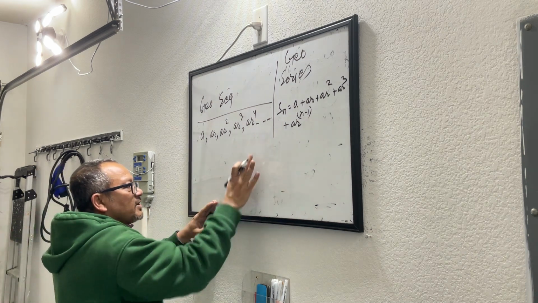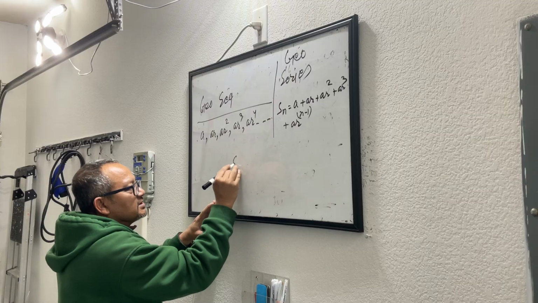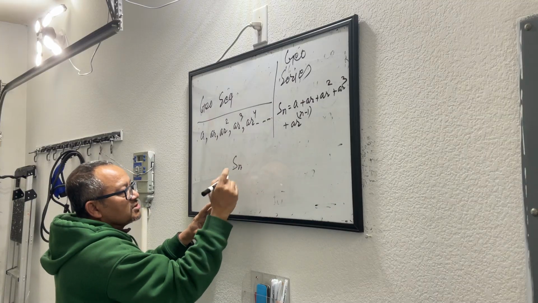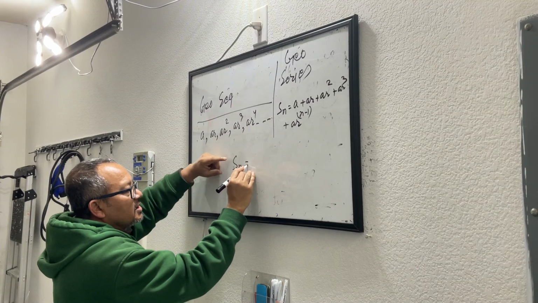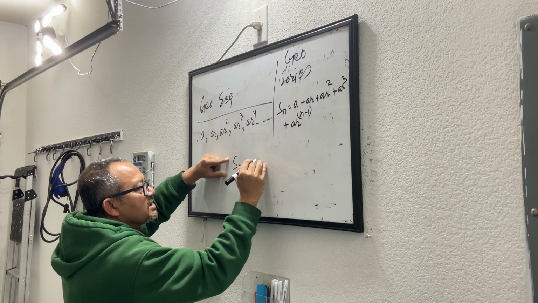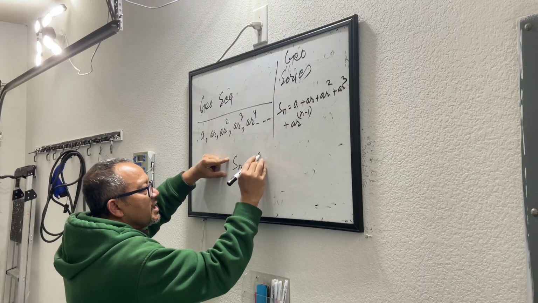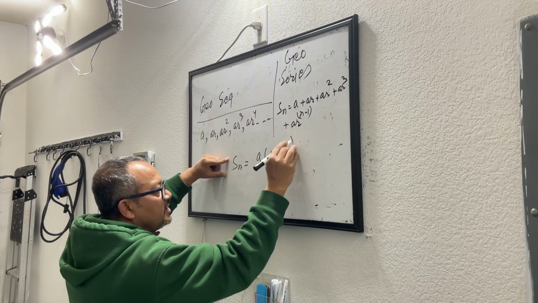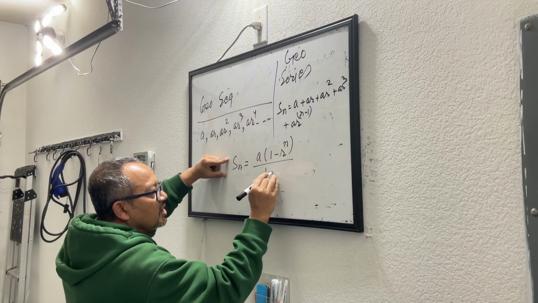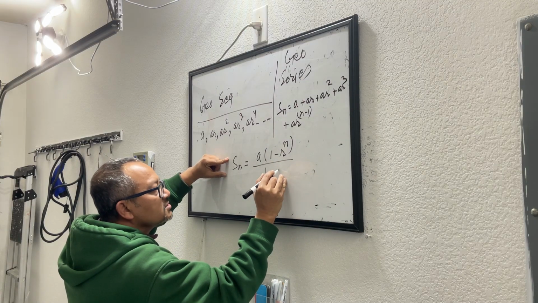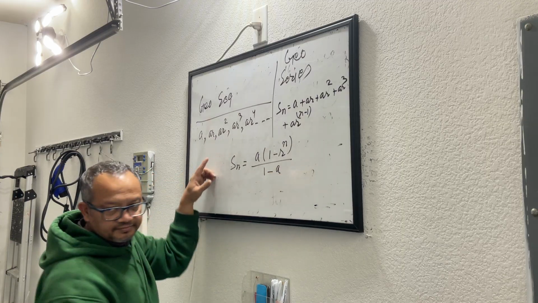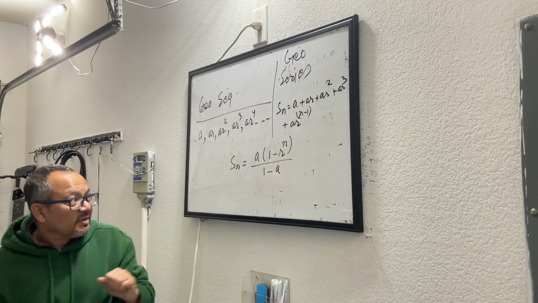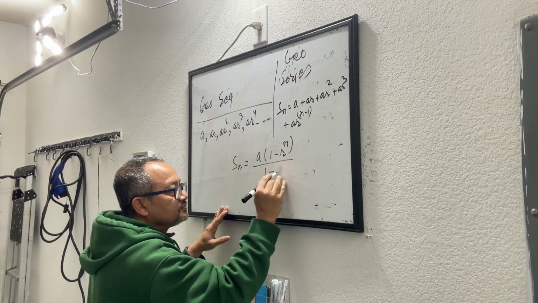And the formula for that is sum of n terms is equal to a into 1 minus r to the power n divided by 1 minus r, my bad.